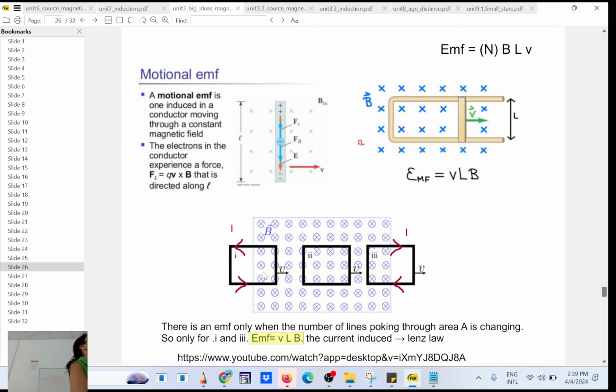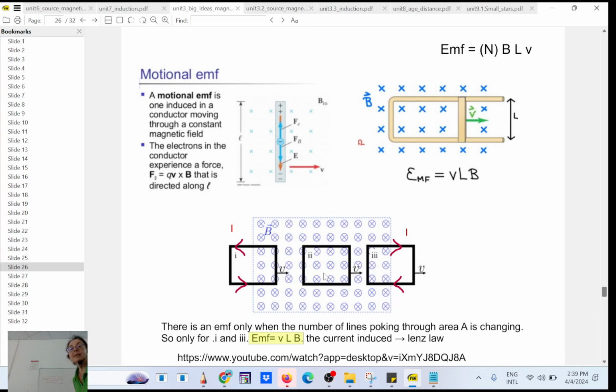Why it has to be that way? Because that way energy is conserved. So that means when you're going to pull the square, it's going to be very hard. Right? Because you are converting mechanical energy into electrical energy using the magnetic field.